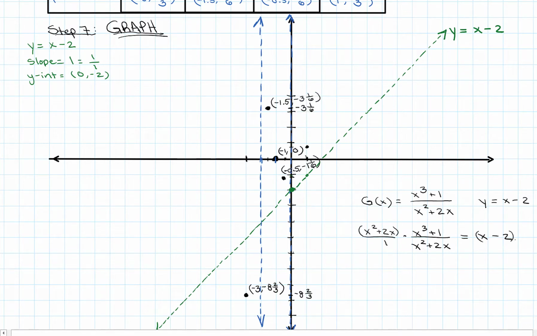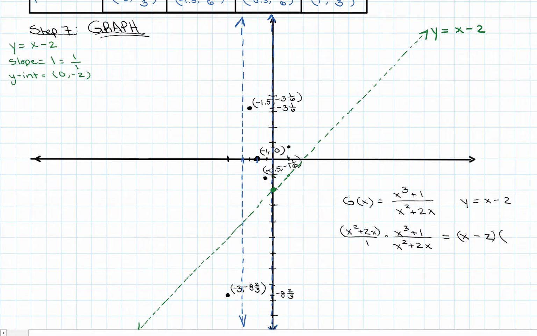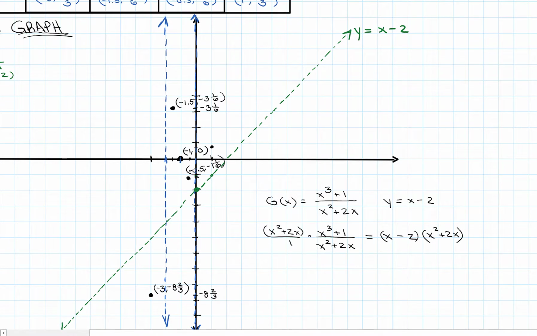Okay, so in solving a rational equation, I'm going to multiply through by the GCF of the LCD. And then this is going to leave me with x cubed plus 1 is equal to, I'm going to go ahead and distribute this out or use the FOIL method.